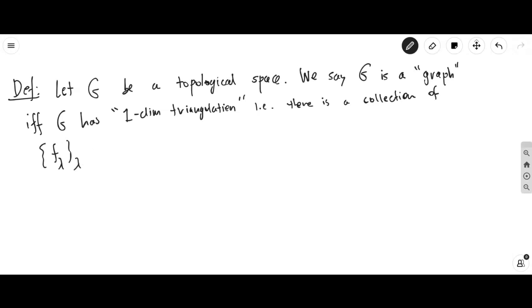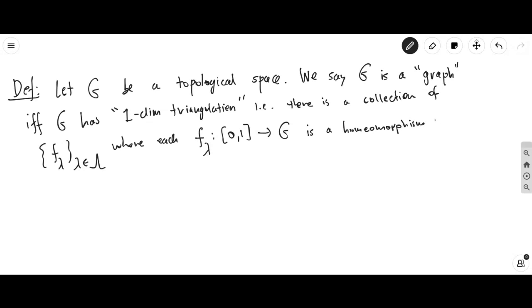So I'll write F lambda, where lambda belongs to some indexing set capital Lambda, where each F lambda is a mapping from the interval 0, 1 into G, a homeomorphism of 0, 1 onto a subset of G. Let's call it G lambda.